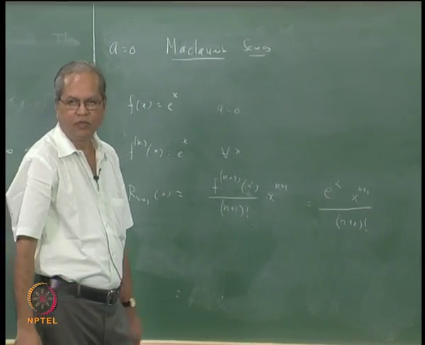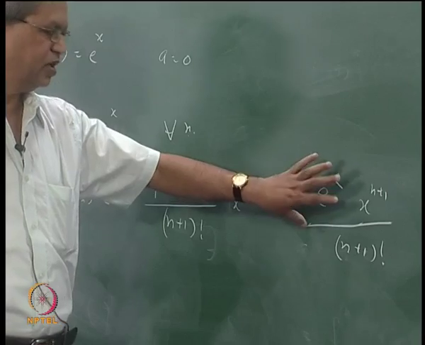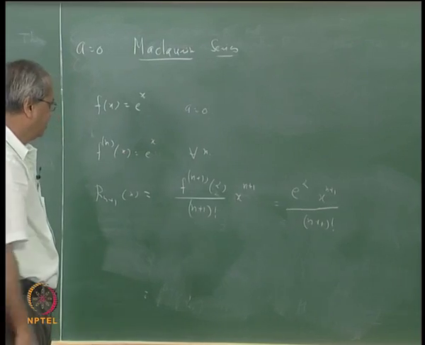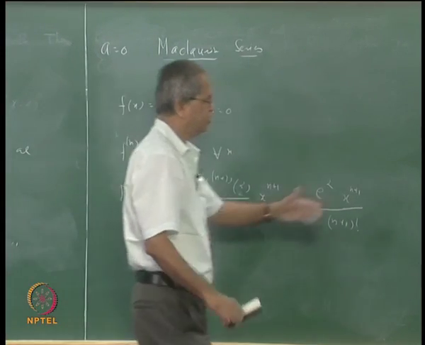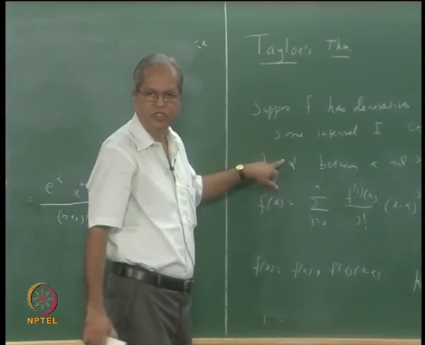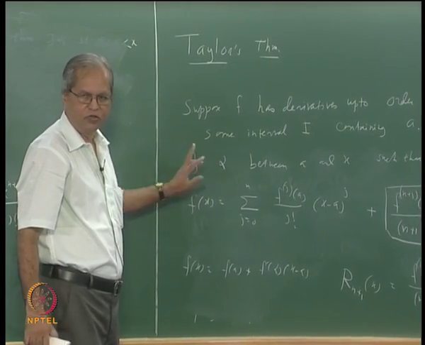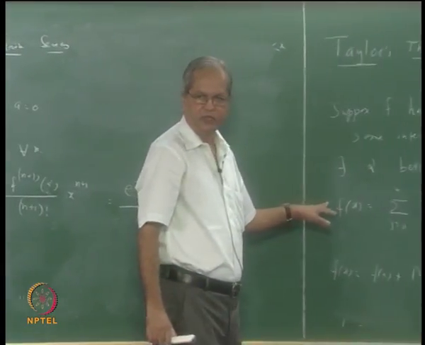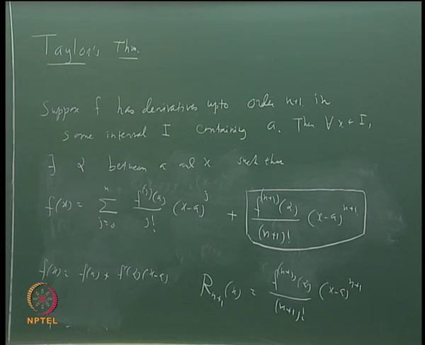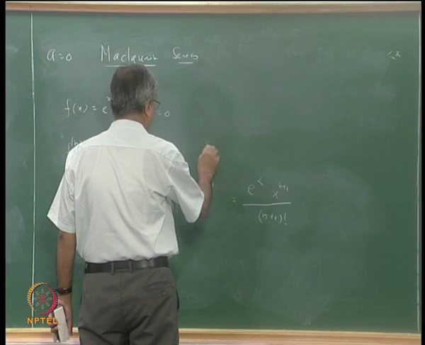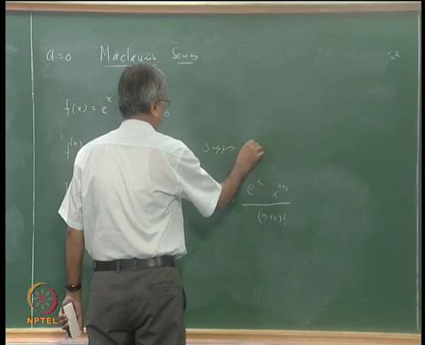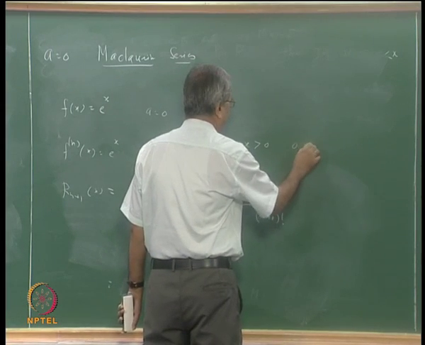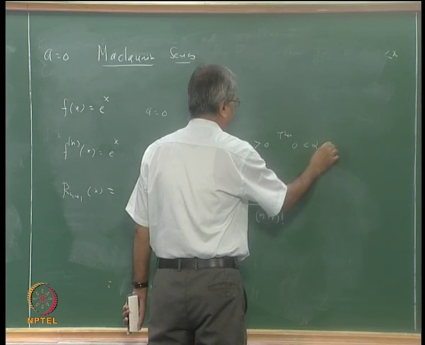Now out of this, e to the power alpha is not really independent of n, because alpha is the one given by Taylor's theorem, so it depends on n. But we know that alpha lies between a and x. In our case, suppose x is bigger than 0, then 0 is less than alpha less than x.